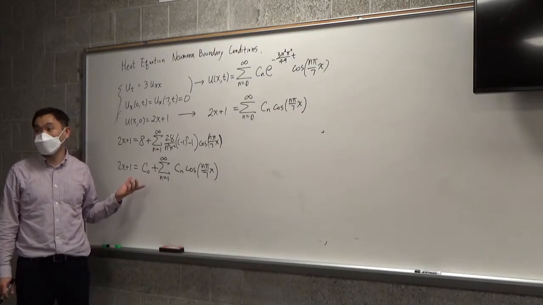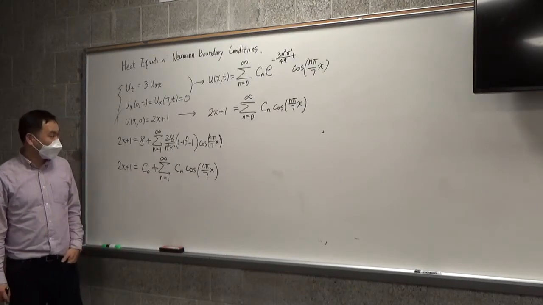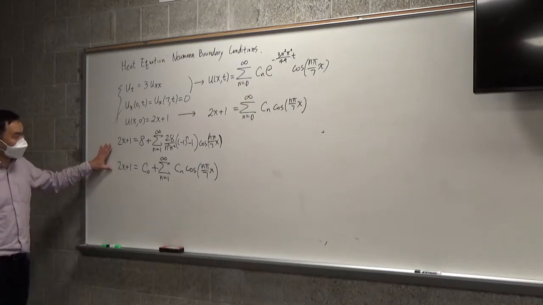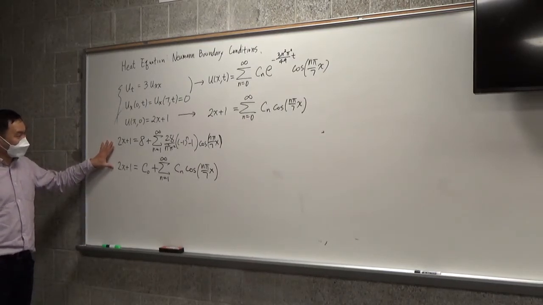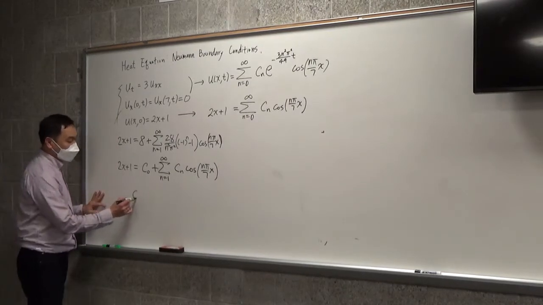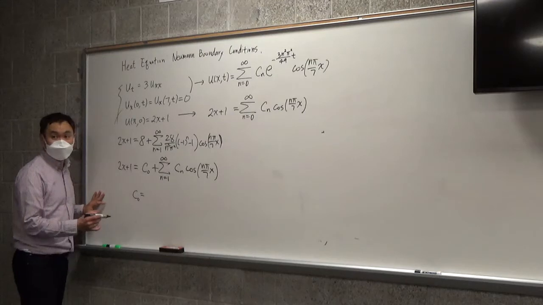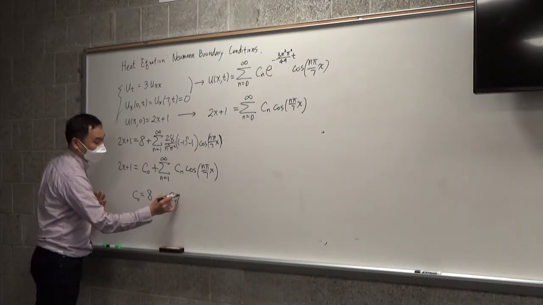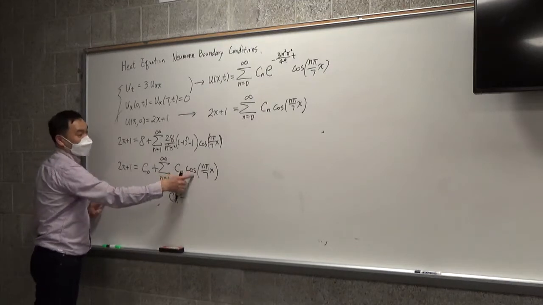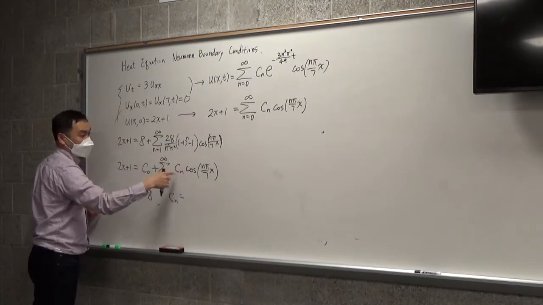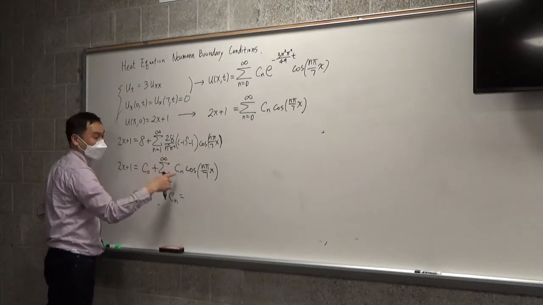Is that good? Okay. Since I'm almost out of time, I guess I'll have to keep going. By comparing these two, what do we get as the value for C0? 8. What do you get for Cn? These two are the same, these two are the same, so this part must be the same as Cn. So this entire thing must be Cn.